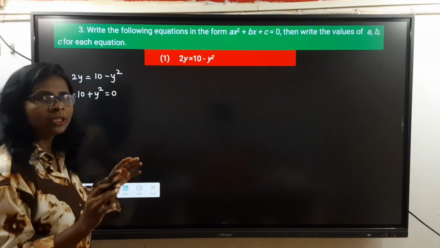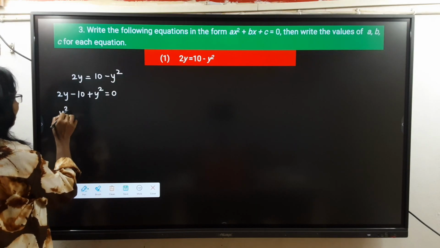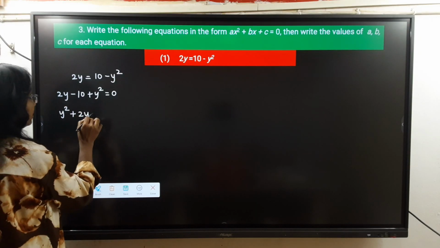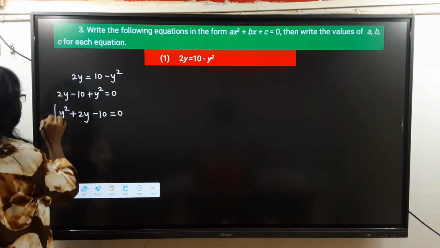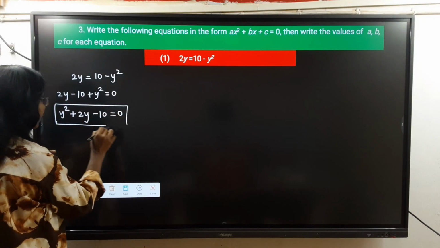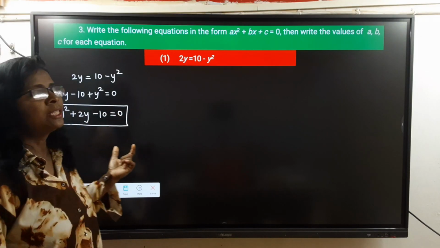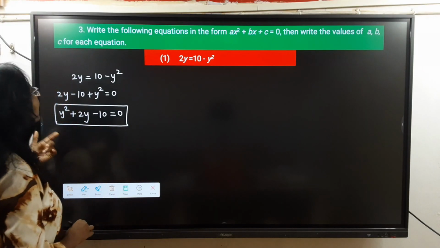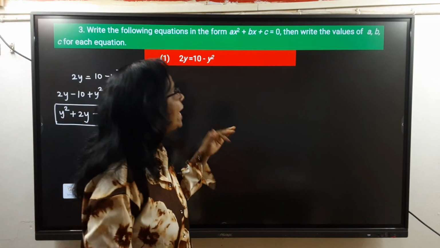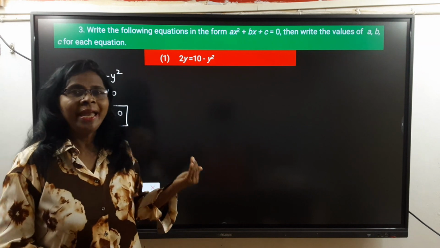Therefore, arrangement of the terms students: here plus y square, then plus 2y, and here minus 10 is equal to 0. So now here students, this equation is in standard form ay square plus by plus c is equal to 0. Okay, so this part is over. Now here we have to find out the values of a, b, c.